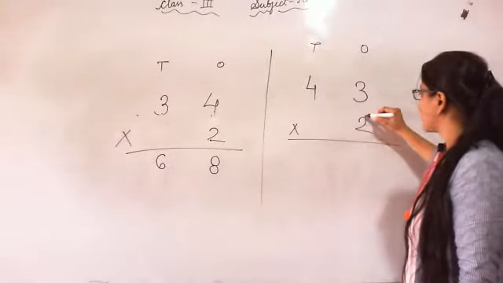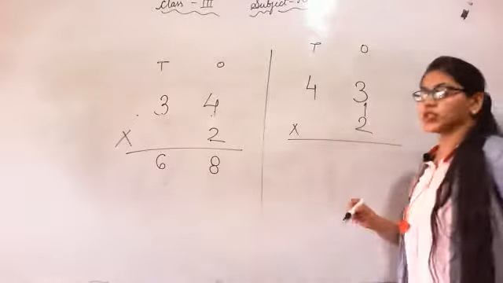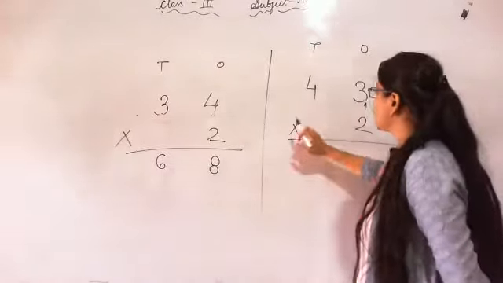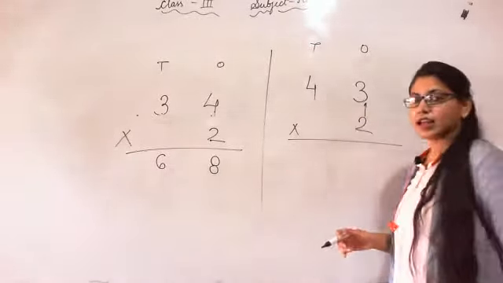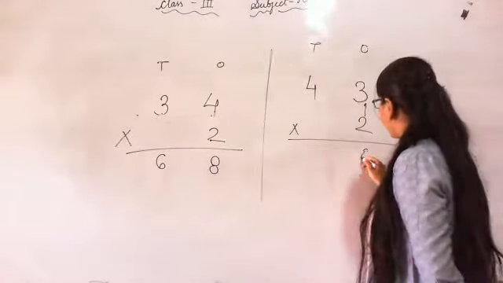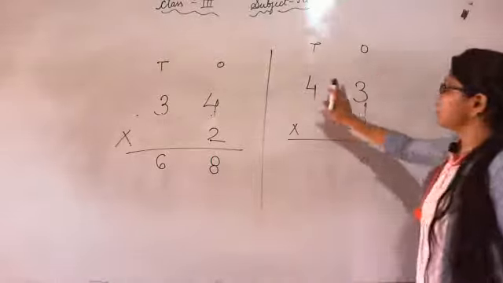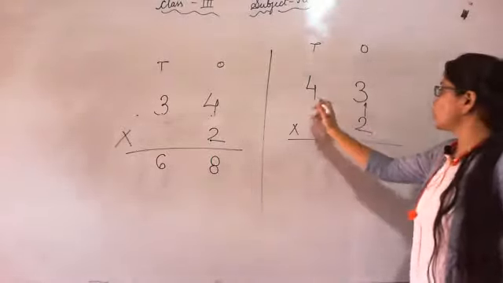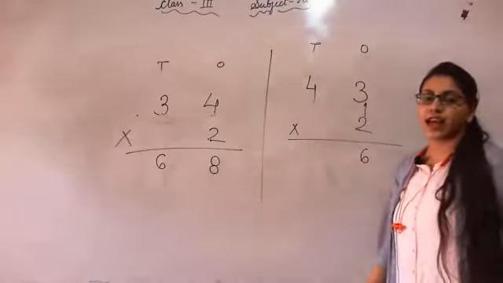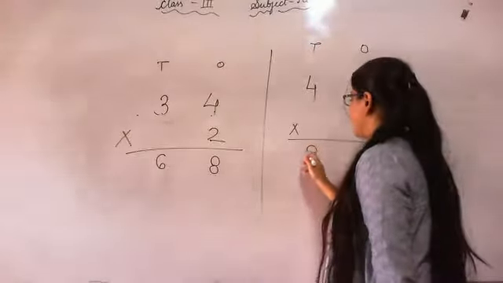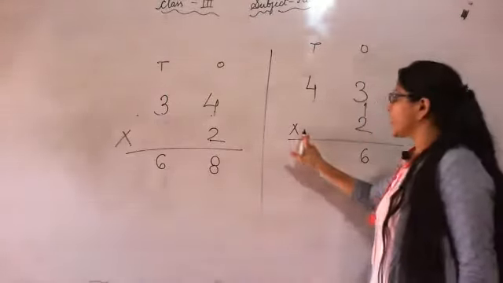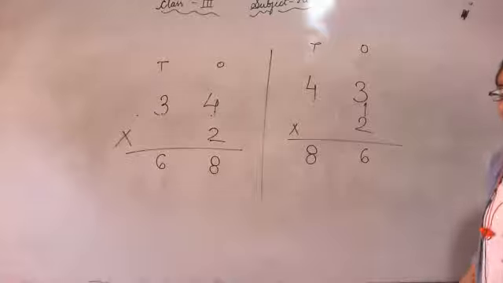Okay, so first we will multiply ones with ones. So 2 into 3. 2 3s are 6. So we will write 6 as it is. Now we are done with ones. It's time for tens. 2 into 4. 2 4s are 8. So we will write 8 here. So 43 into 2 is equal to 86.